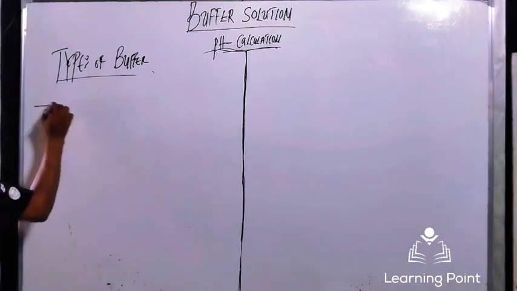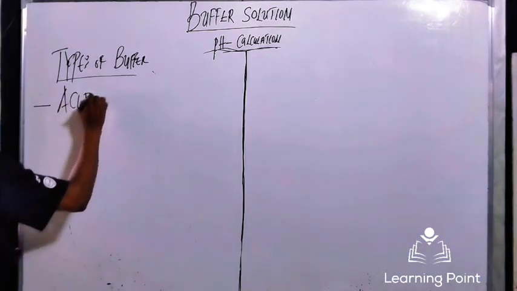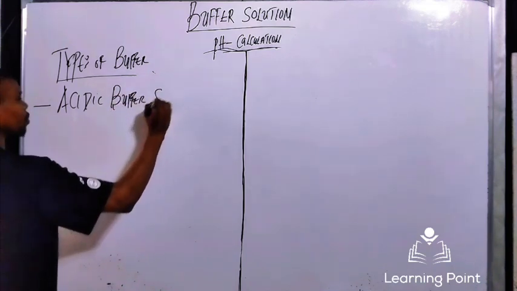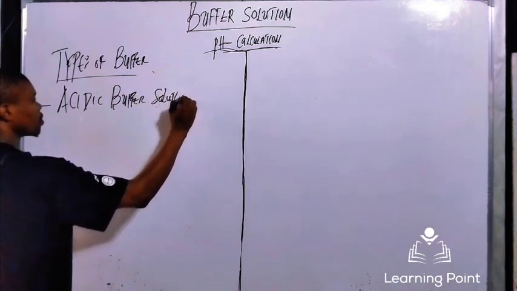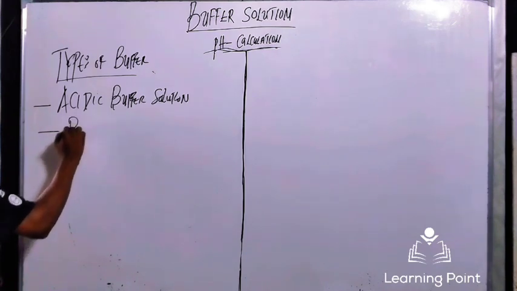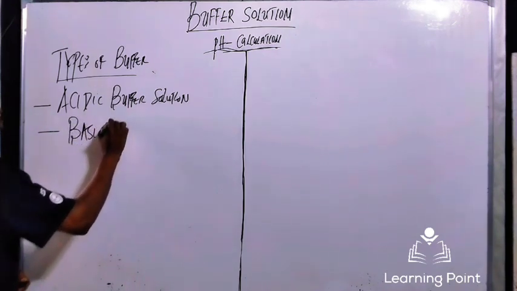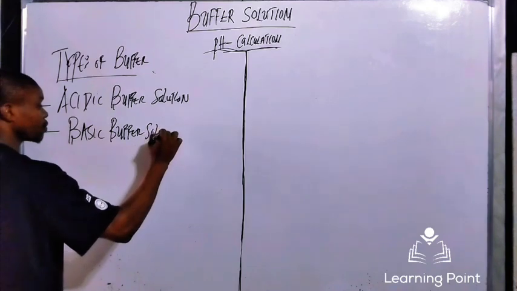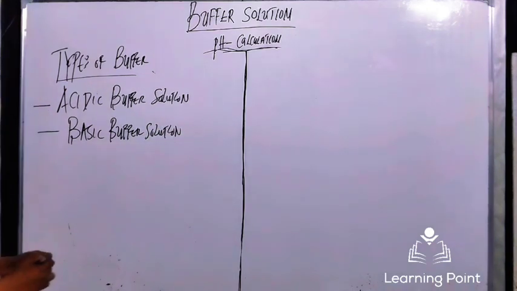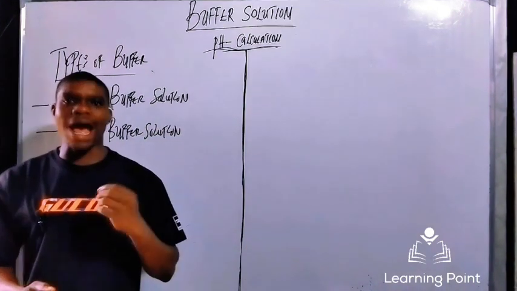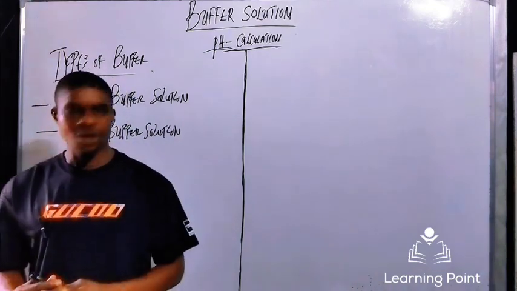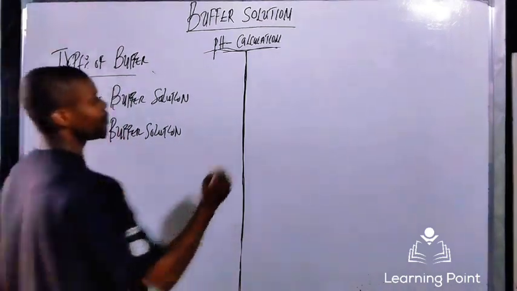So here we have the acidic buffer solution, and we have the basic buffer solution. We have to look at them one after the other. So how do you identify an acidic buffer? How do you identify a basic buffer? Do you understand? So let's look at the acidic buffer.